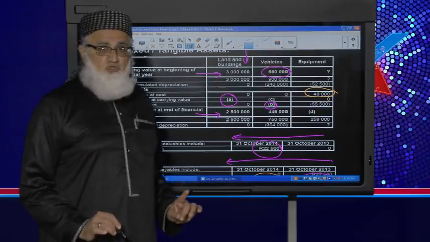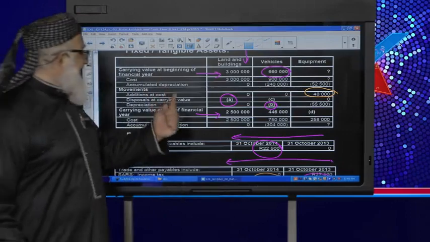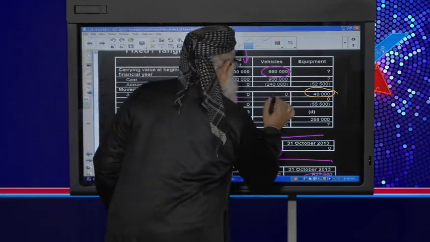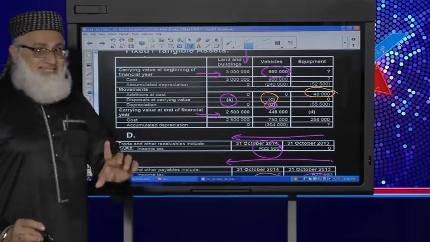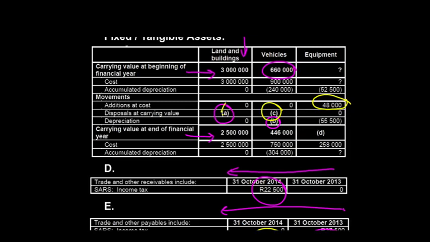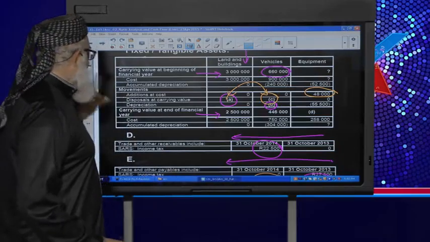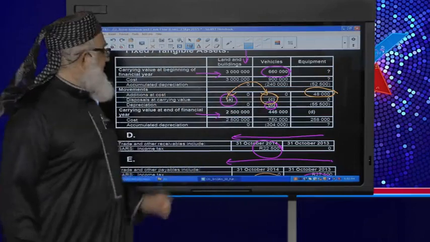Was there a disposal? Yes, we calculated our disposal. Can you recall? It was the 82,000 rand. There was a missing figure there. That's one component, which is the 82,000 rand. But I also sold land and buildings here. So A plus C would give me my disposal of tangible assets. If you remember, it was the 500,000 for land and buildings and the 82,000 for my vehicles.